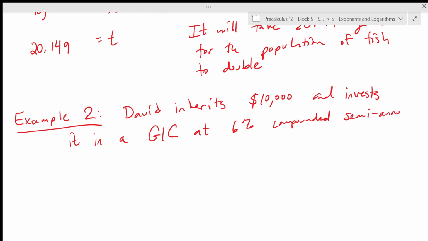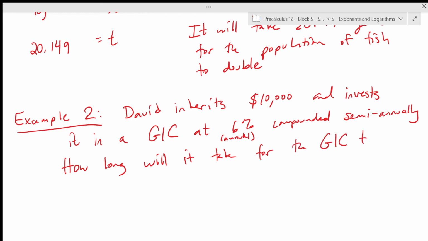So the 6%, if it doesn't specify, you can always assume that your interest rate is an annual interest rate. And this problem doesn't specify, so we'll assume the 6% is that you get 6% a year. How long will it take for the GIC to be worth $11,000?